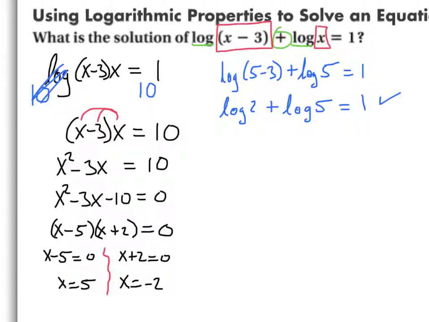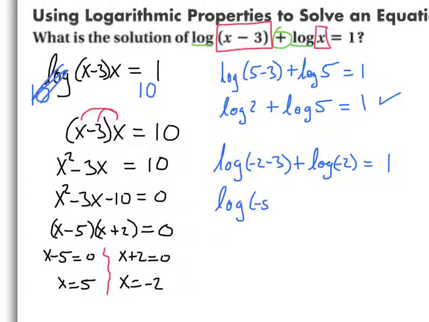Well, what if we try negative 2? It's going to be log of negative 2 minus 3 plus log negative 2. That should equal 1. Well, negative 2 minus 3 is negative 5, right? So I've got log negative 5 plus log negative 2. What do we get? Error.